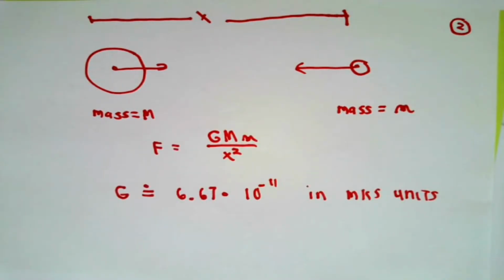That is to say, F is g times capital M times little m over x squared. In meter-kilogram-second units, the g is approximately 6.67 times 10 to the negative 11 power, although as we will see, in many applications we don't explicitly need to know what the g is.